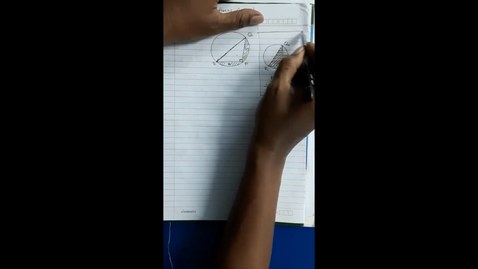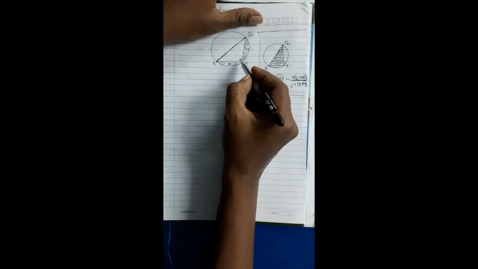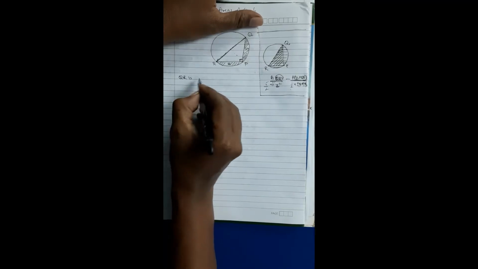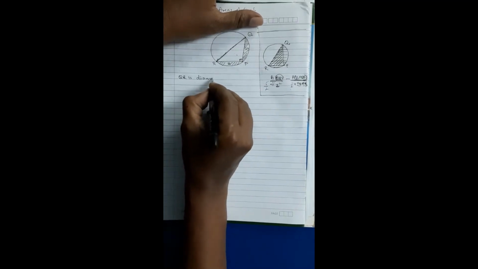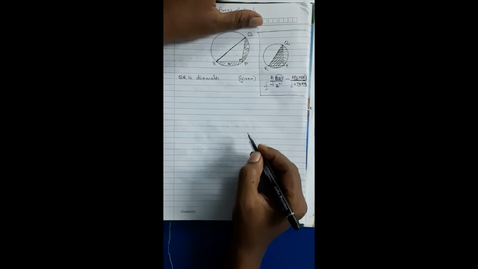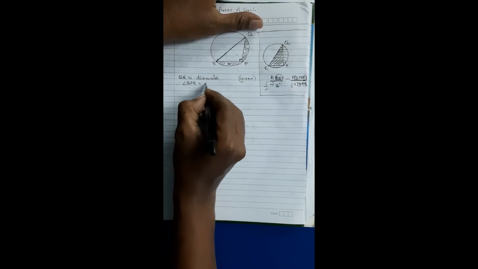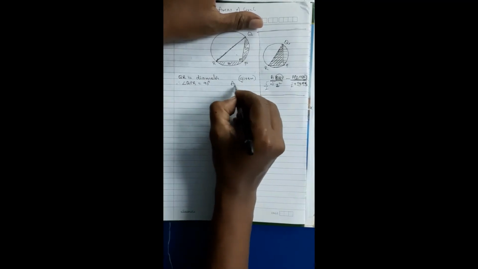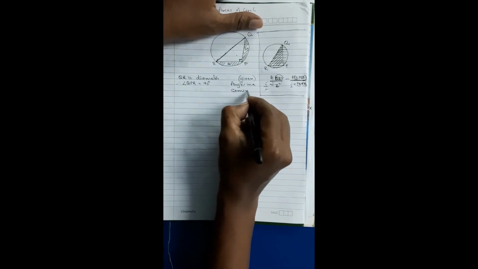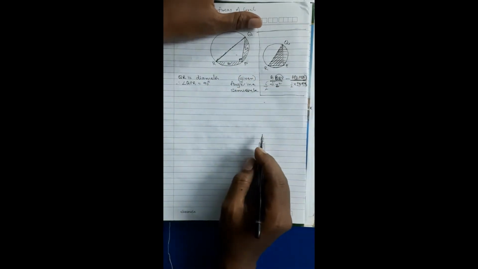Before proceeding further, this much you should be able to think. So starting, I first have to prove this is 90 degrees. Here QR is the diameter, this is given. Therefore angle QPR is equal to 90 degrees, because the angle in a semicircle, or you can also say the angle subtended by a diameter on the circle, is a right angle.